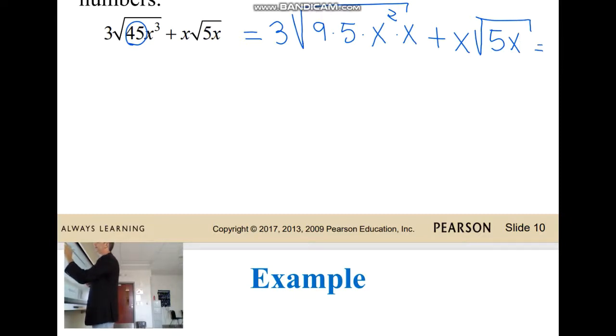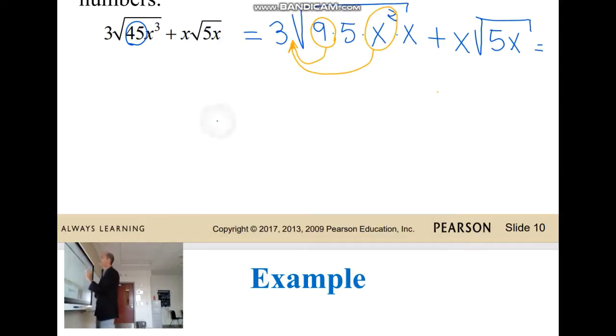And we can actually take this outside of the radical because the square root of 9 is 3. And we can take this outside of the square root as well, because square root of x squared is x.